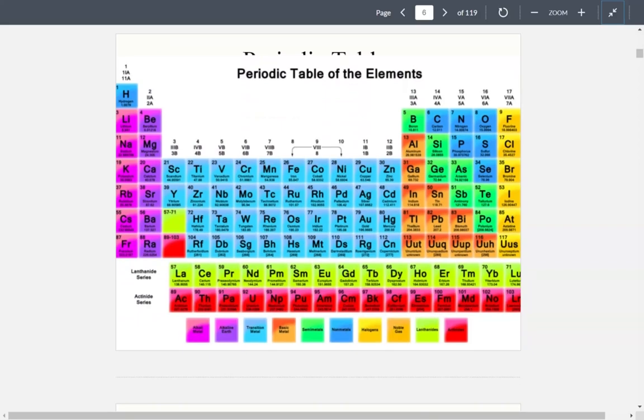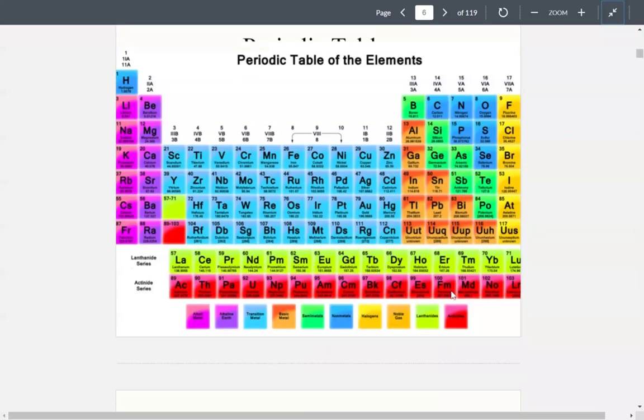Here's our periodic table of elements. Do you need to memorize this? No. Should you be aware of the most common element symbols? Yes, so things like carbon right here, nitrogen here, oxygen here, chlorine, sulfur, phosphorus, iodine, copper, iron, hydrogen.